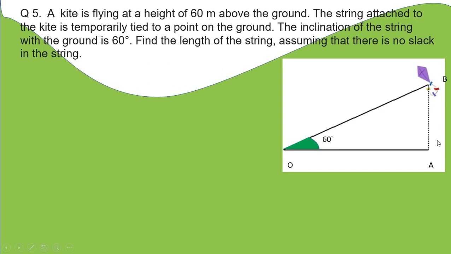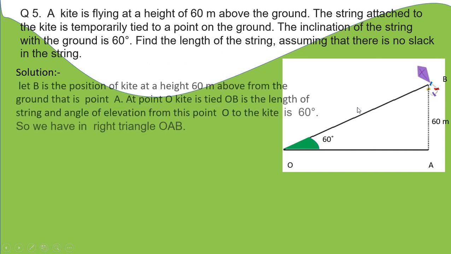In the right triangle, AB is the height of the kite, OB is the length of the string, and OA is the distance of the kite from the ground point O. It is given that the kite is flying at a height of 60 meters above the ground, so AB is the perpendicular, which is 60 meters. We have to find the length of the string, that is OB.